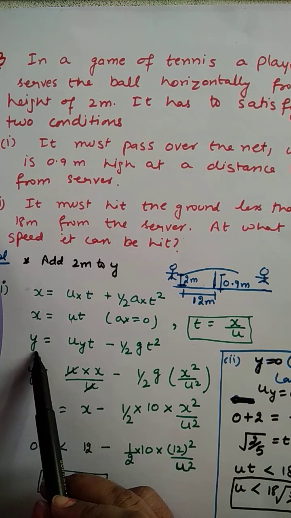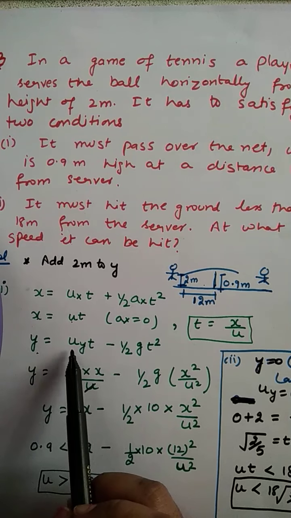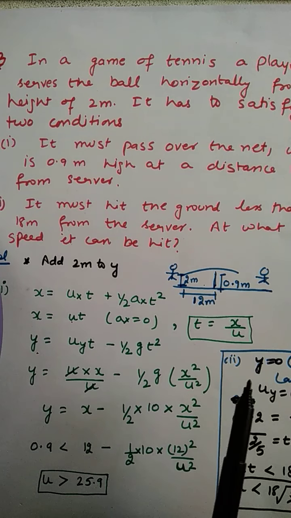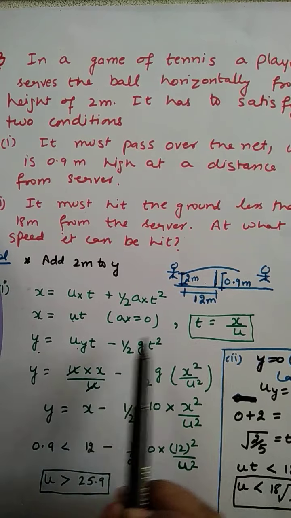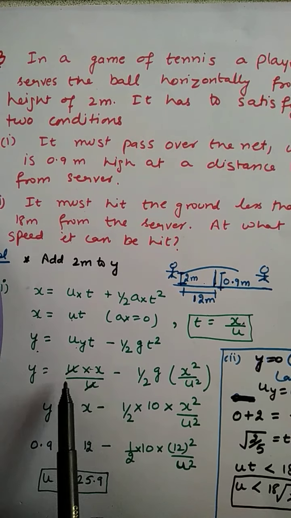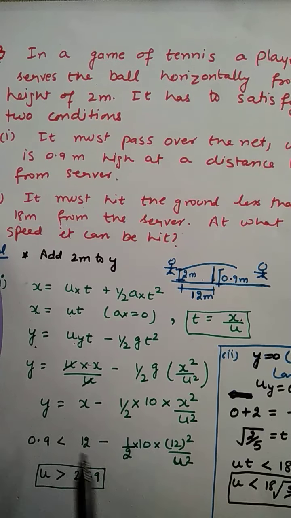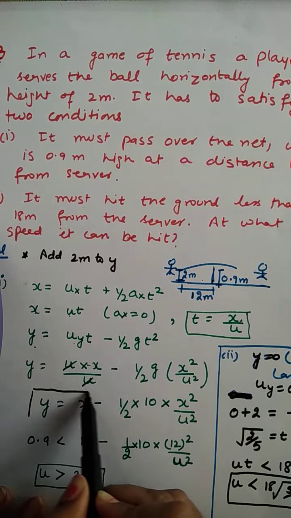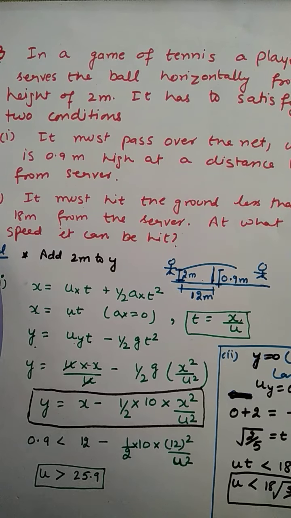Now you consider y-axis motion for the same ball. You will get y is equal to u_y t minus half g t square. Again ignore the sin theta component and just write it as u into t, where you fill the t value from here. You will get u into x by u minus this whole thing. Ultimately you will be left with this equation, y is equal to x minus half g t square.